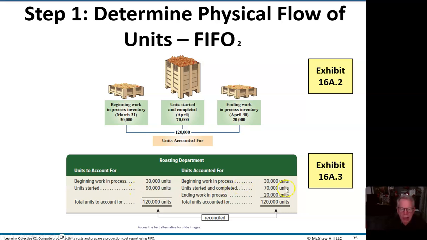But the units accounted for, we started with our 30,000 beginning work in process. We added the 70,000 units that were started and completed, and our ending work in process, 20,000 units. And it reconciles, as you can see.